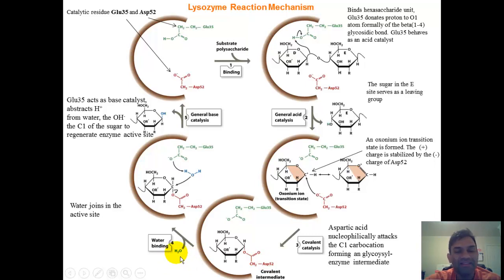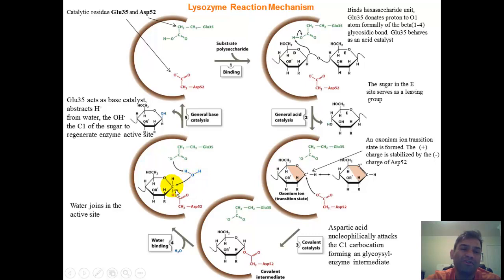Well, a common theme is water coming in. So water, very important for the mechanism of a lot of these enzymes. And here's water coming in. Water is going to do acid-base catalysis. And so in this case, this glutamate, which delivered the proton in the first part of the mechanism, takes that proton back from the water.